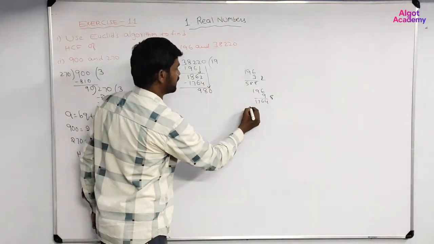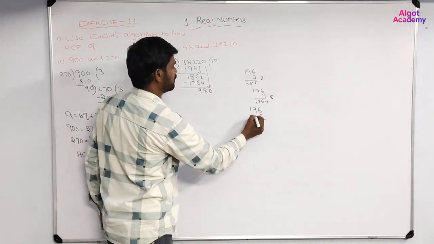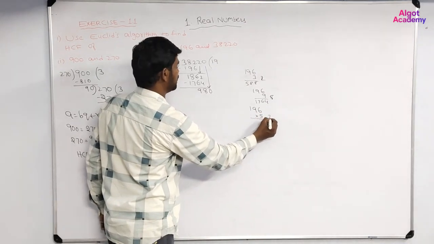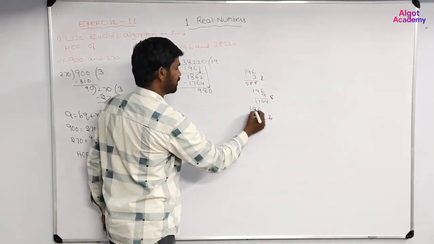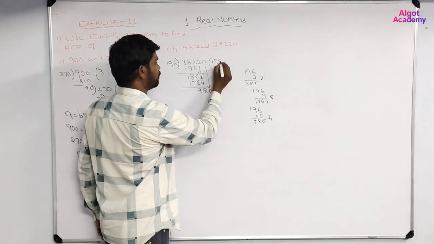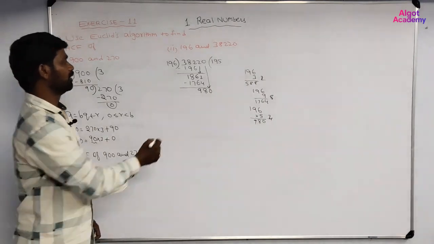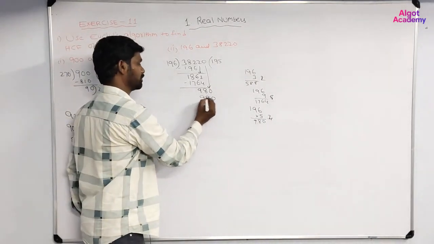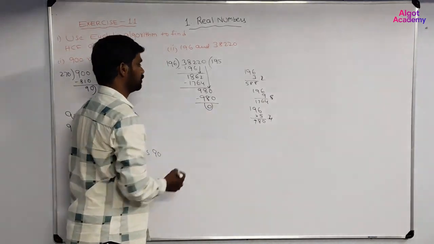Let us check 196 into 5: 5 sixes are 30; 5 nines are 45 plus 3, 48; 5 ones are 5 plus 4, it is 9. So 196 into 5 gives 980. So 980 minus 980 is equal to 0.